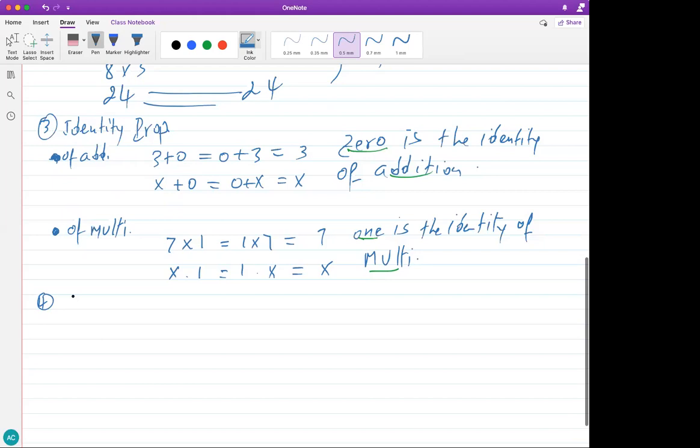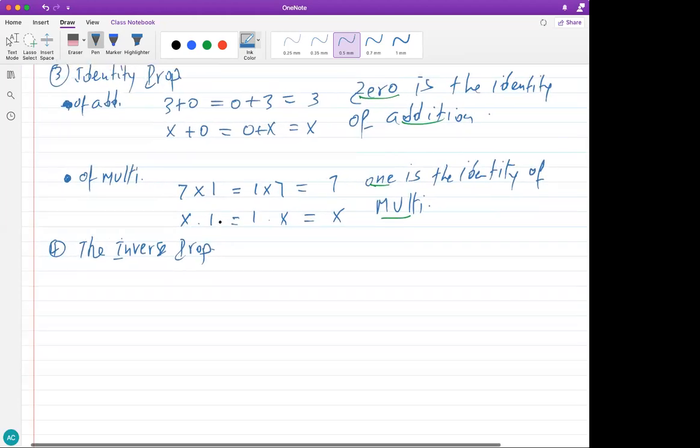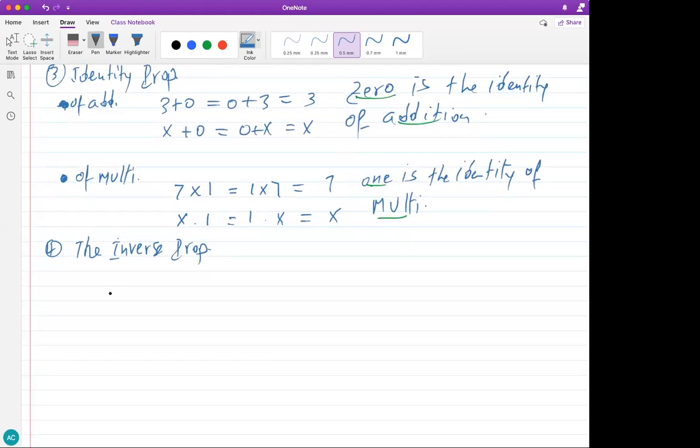This one is called the inverse property. This one is also pretty simple. So we have 2 of them. We have one, we can say the inverse property of addition. It just involves if you take a number, as we did last time with the number line.